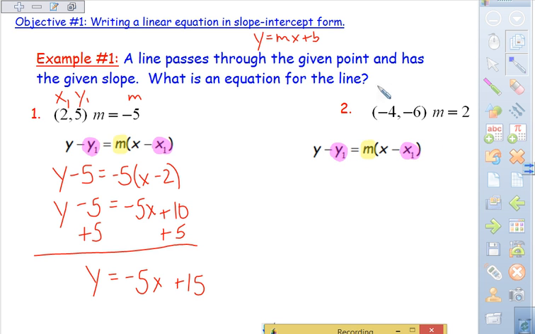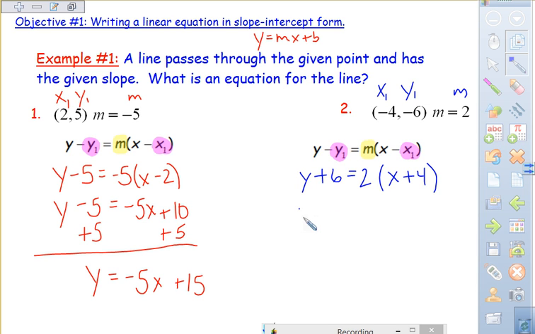Let's try another one. Here's my x1, my y1, and my m. So I have y minus a negative 6, which turns into plus 6, 2 for my slope. x minus a negative 4 turns into plus 4. Our goal is to get y by itself.